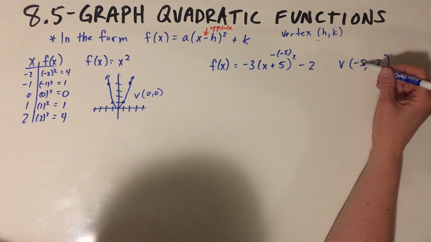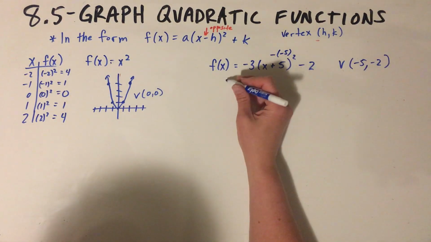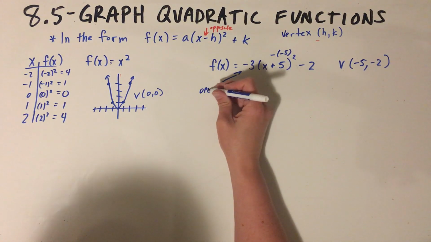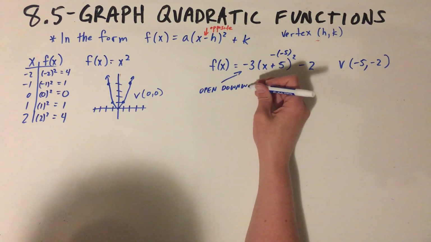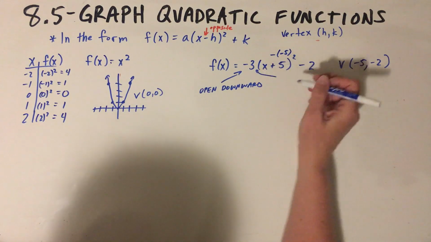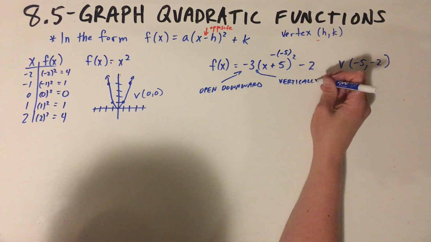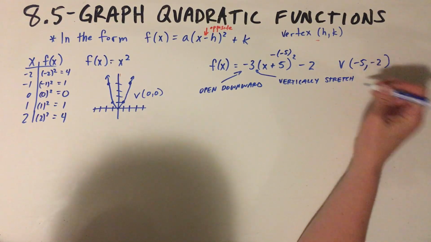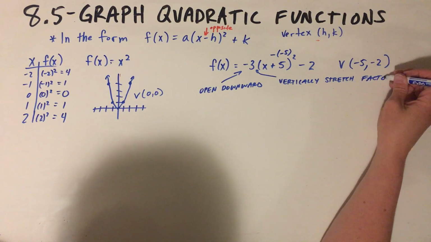So we're going to go left 5, down 2. Okay, we know that this negative right here is going to open downward. So it's going to open downward because of the negative. And we know also that this 3 right here is going to vertically stretch this graph. Well, how much is it going to stretch it? It's going to stretch it by a factor of 3.